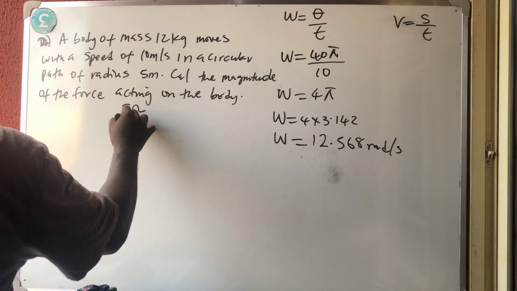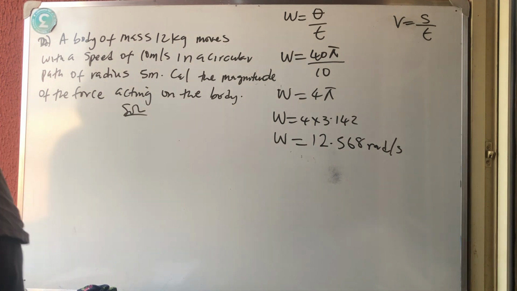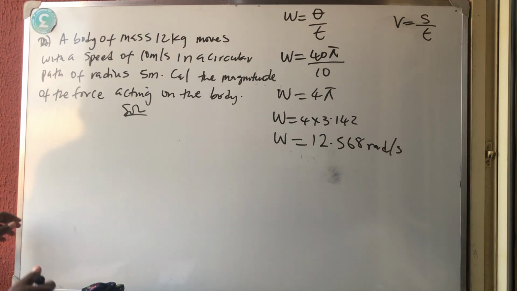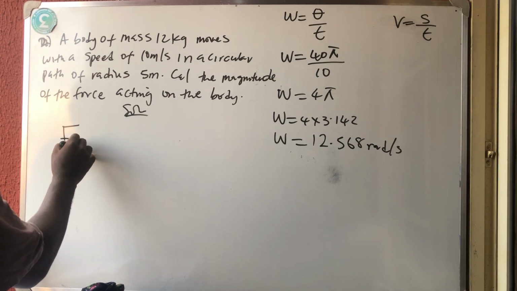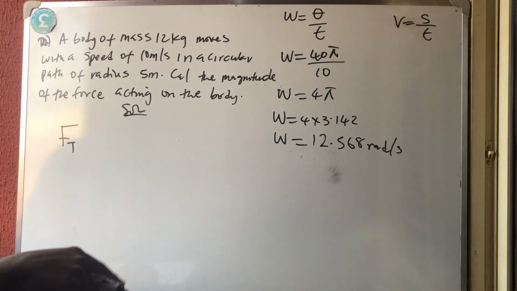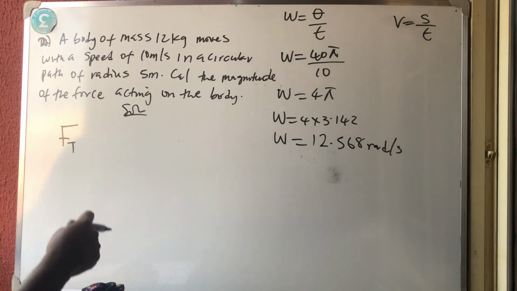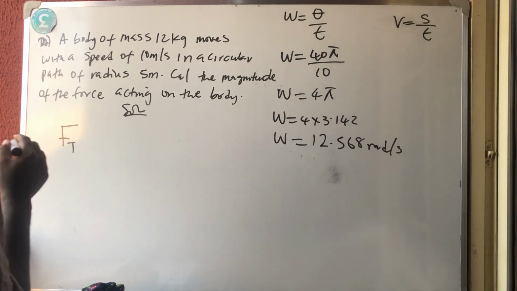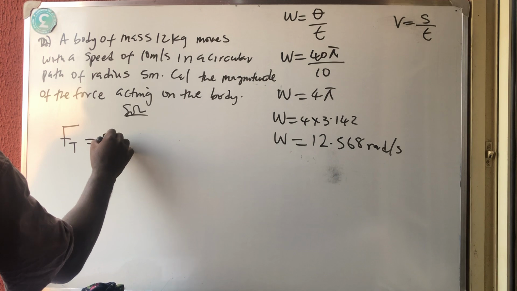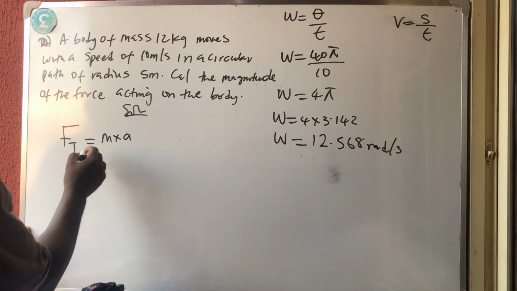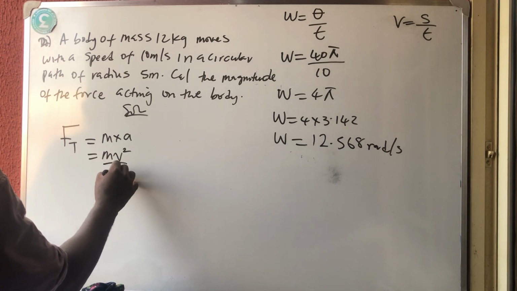Okay, solution. Now, don't forget that the force acting on the body is the centripetal force. The force acting in a circular path towards the centre is called the centripetal force, and it is mass times centripetal acceleration, which is mv squared over r.